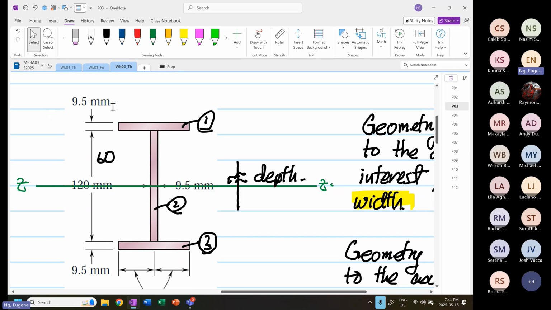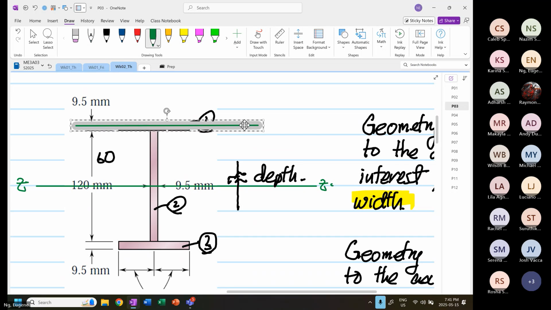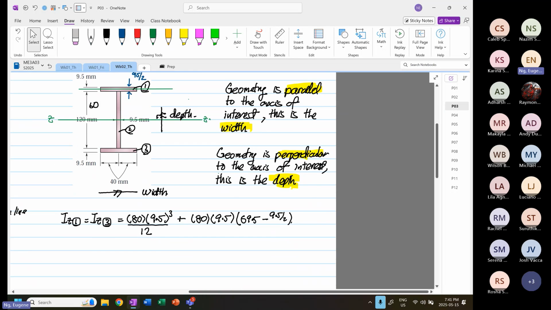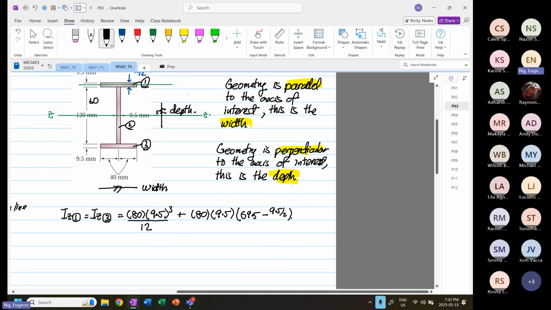In section 1, the individual centroid is exactly at the center over here. And this geometry from here to here is 9.5 divided by 2. So that is why we have 69.5 minus 9.5 divided by 2.